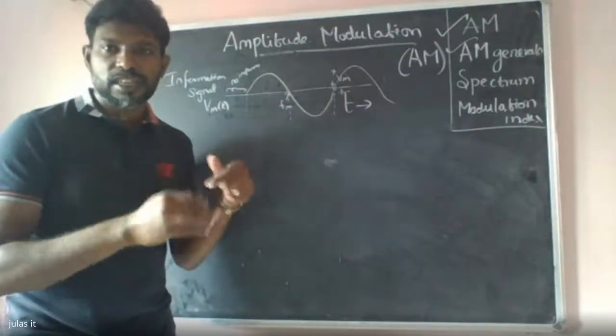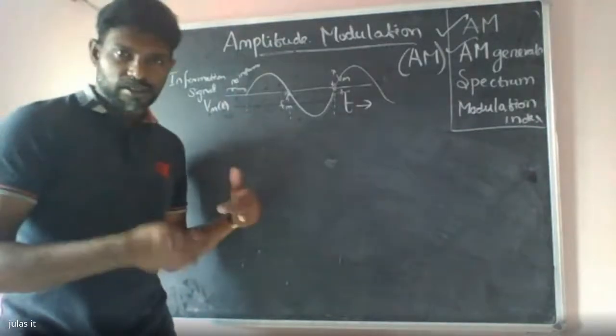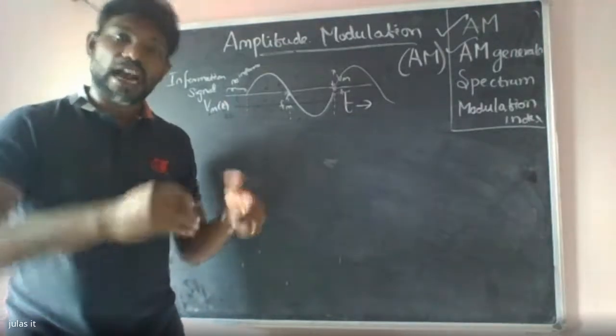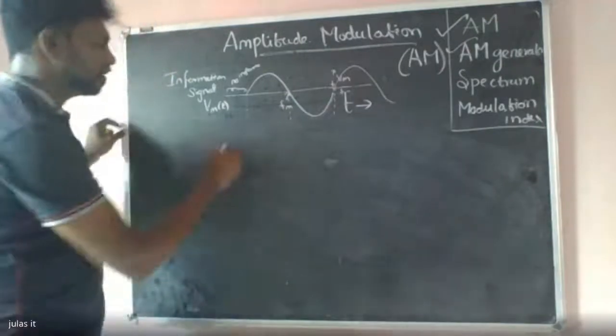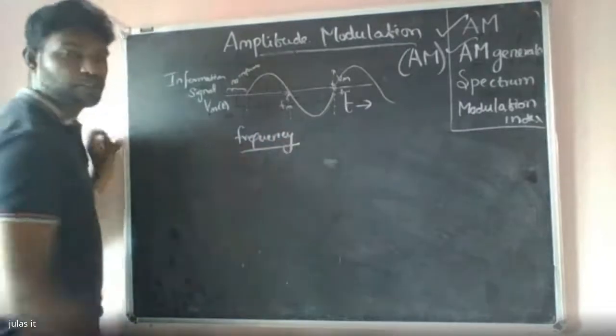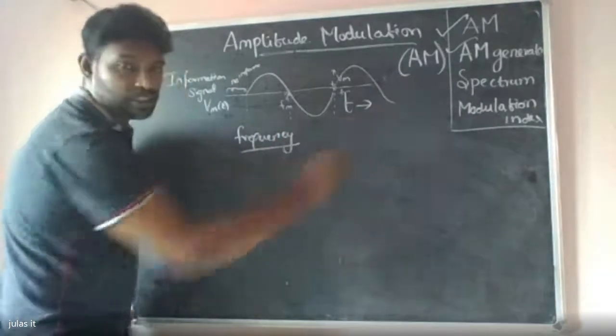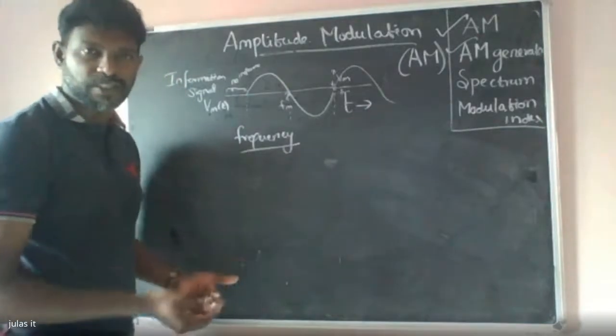But another type of representation is the frequency. Signals can be represented in the form of frequency also. Here we call it the spectrum of the signal, right?